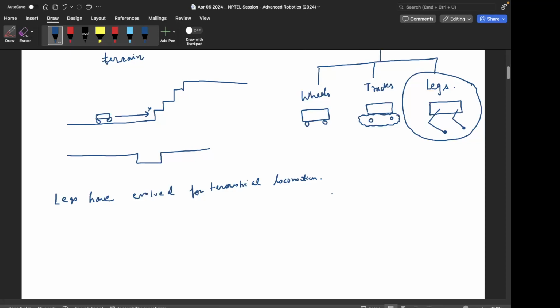So legs are able to cross over obstacles, jump across gaps, and climb over things. So legs give us the full wide range of mobility that is required to navigate the different environments present on the ground, right?